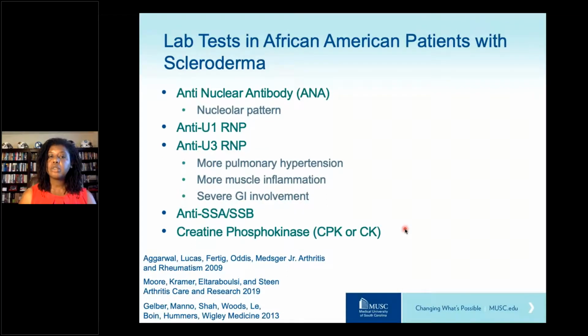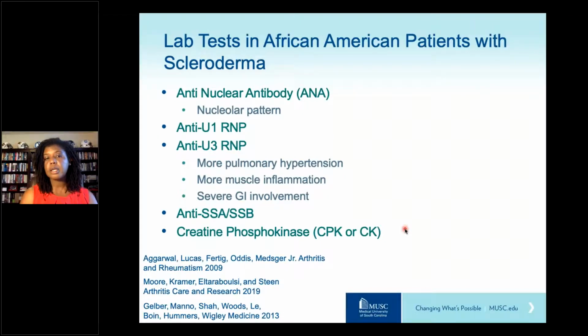So the anti-nuclear antibody is one of the tests that is seen positive in a number of scleroderma patients, including African Americans, but particularly the nucleolar pattern is seen more frequently in African American patients that have scleroderma. The ANA test actually looks at the nucleus of the cells, and when you look at the nucleus, you can actually see different patterns that light up, and one of those patterns is the nucleolar pattern.